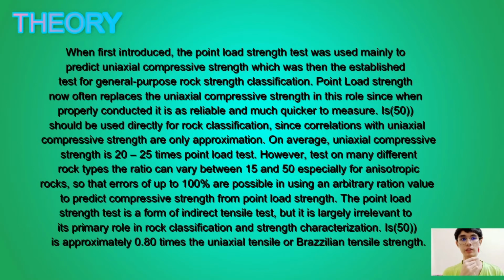The point load strength test is a form of indirect tensile test, but this is largely irrelevant to its primary role in rock classification and strength characterization. The point load strength is approximately 0.8 times the uniaxial tensile or Brazilian tensile strength.